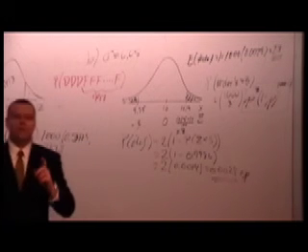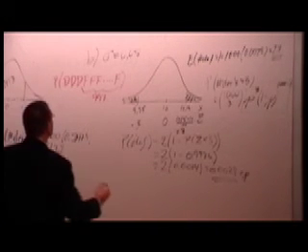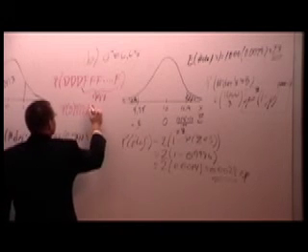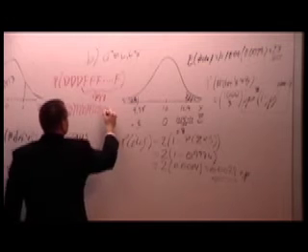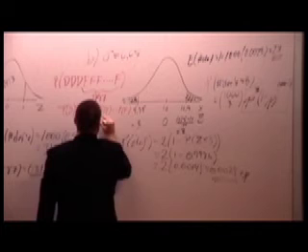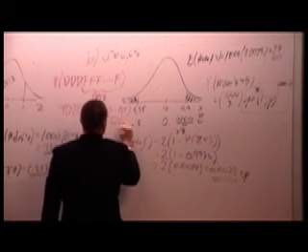Multiplication, very good. So this is equal to the probability of a defect, times the probability of a defect, times the probability of a defect, times the probability of a failure, times the probability of a failure, and this is 997 times.